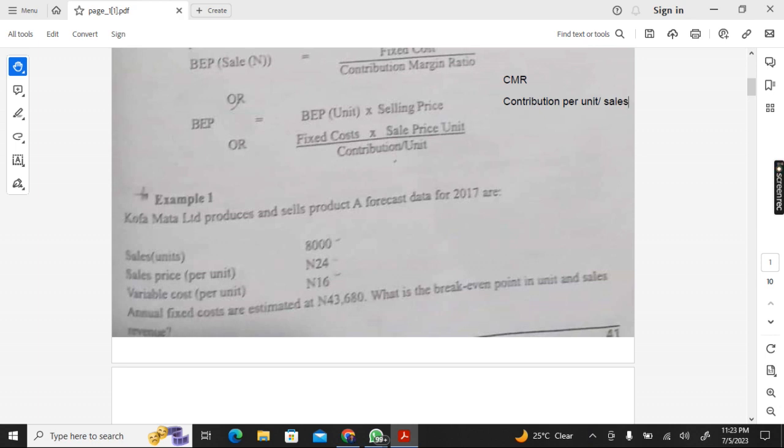What is the break even point in units and in sales?